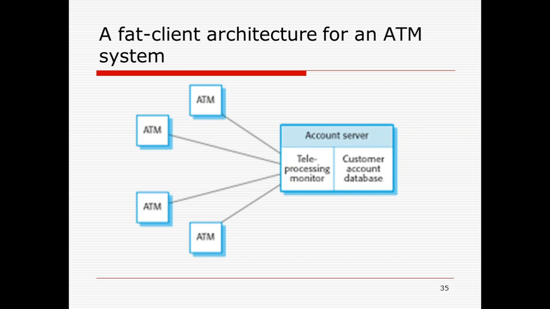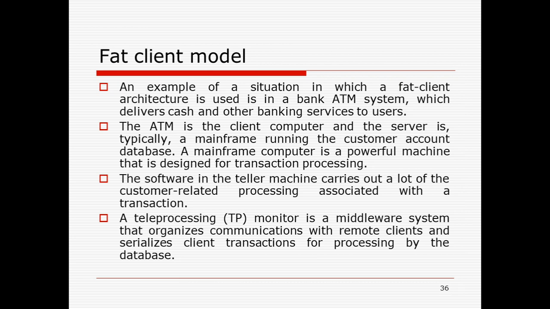Here you can see the account server, where we have two parts, the teleprocessing monitor and the customer account database, which are on the mainframe computers that hold most of the databases, and most of the processing of the client data is done on the client machines only. So you can see the descriptions here.